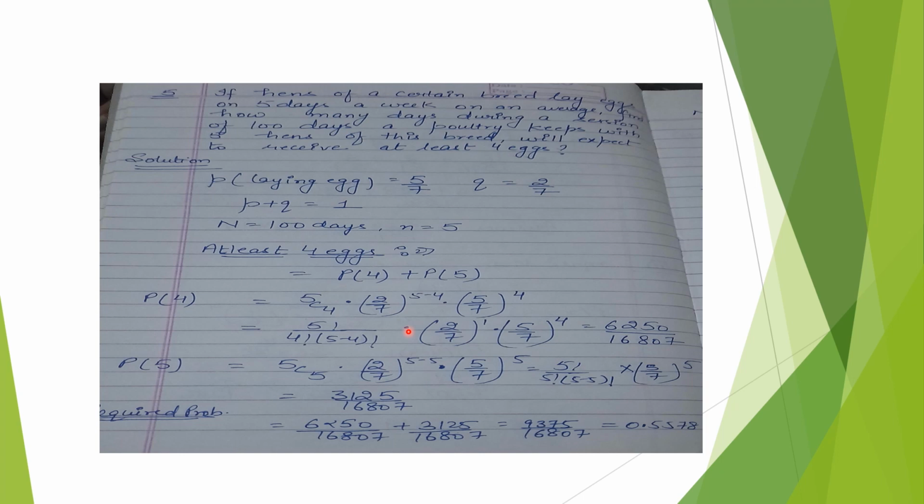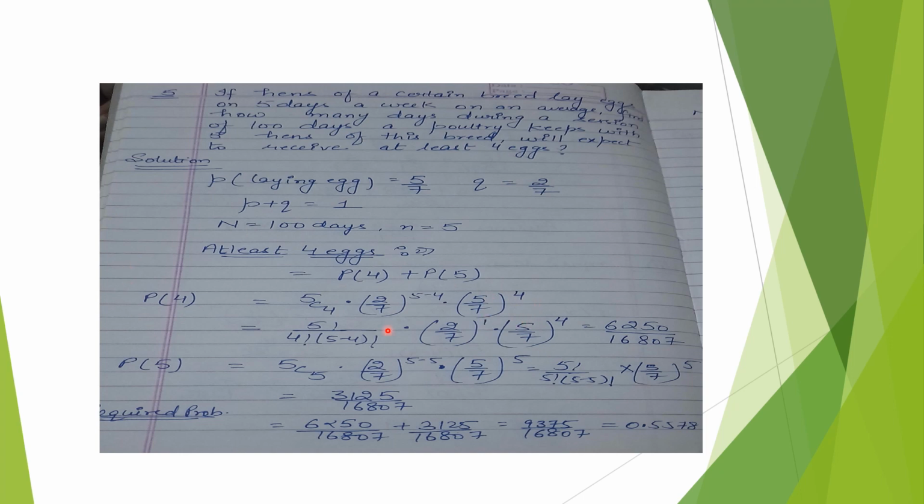So substituting the value of q, 2 by 7, to the power 5 minus 4, which is n minus x, into p. The value of p is 5 by 7, and p to the power x, which is 4. So the power of p is 4. 5 by 7 is to power 4.